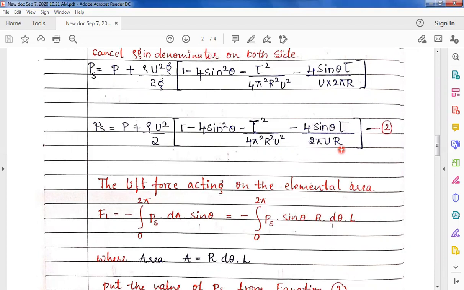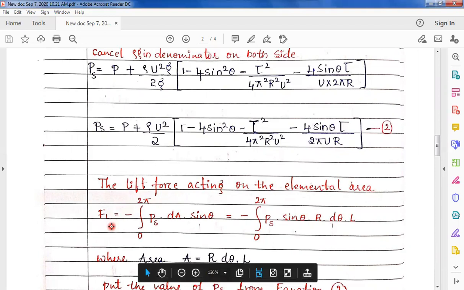Okay, so next what we have to find here is the lift force on that element. So the lift force acting on the elemental area is called FL.